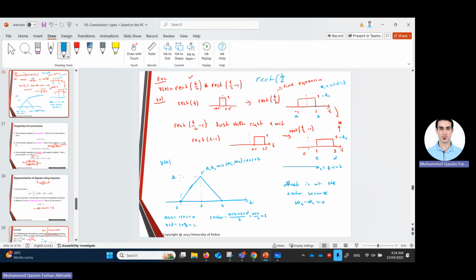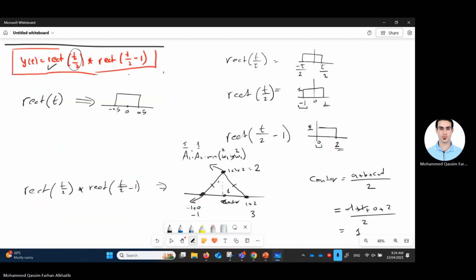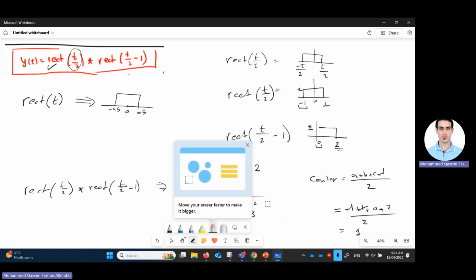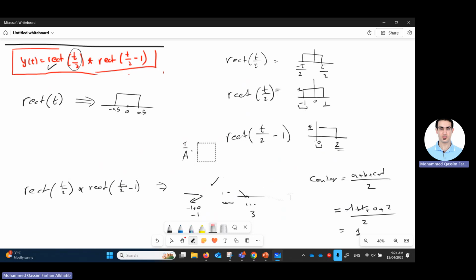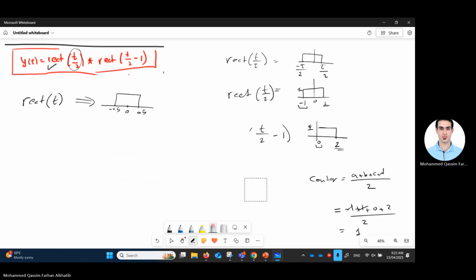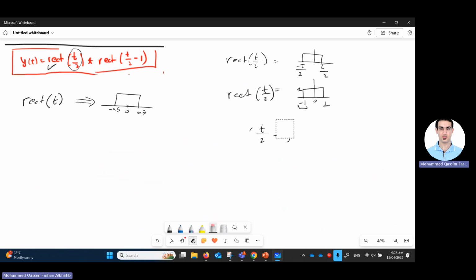So I'll repeat the question. Okay, we did it wrong. Why? Oh, sorry, we scaled, then we shifted. The proper way is to shift, then scale. Now let's go back to the whiteboard. Everything is in the recording, so I'm going to erase everything and redo it. All right, so we agree that this is rect of t over 2 minus 1.